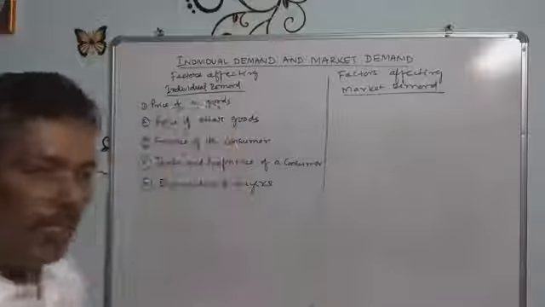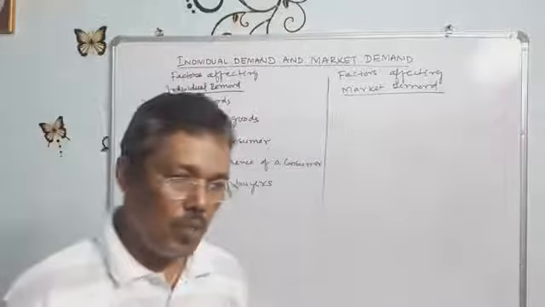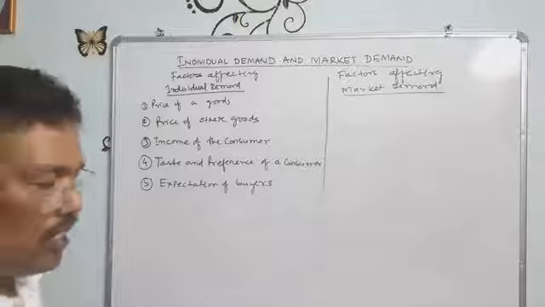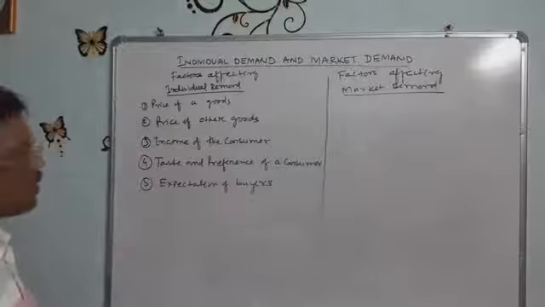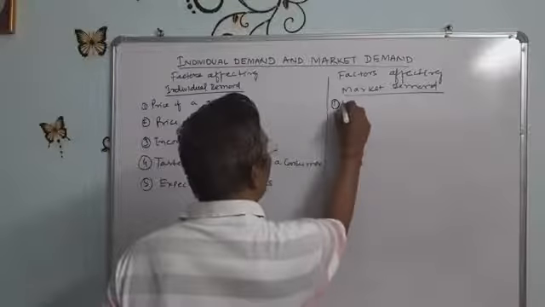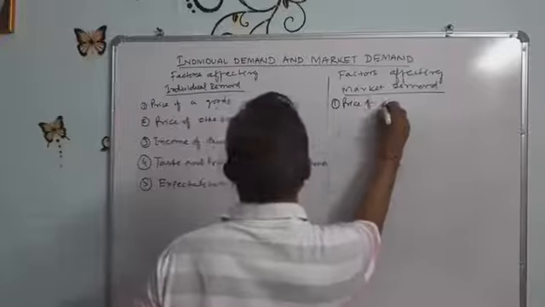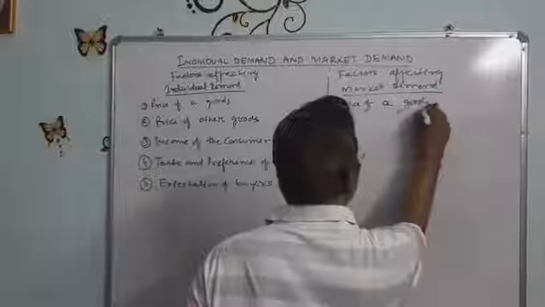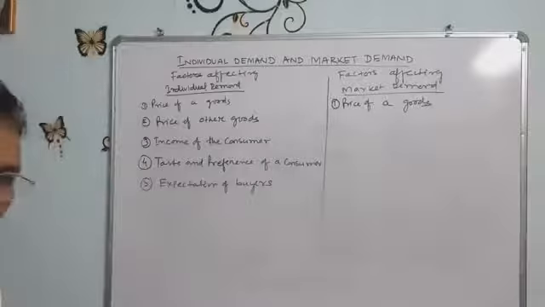Similarly, because the market is the combination of all the individuals who are demanding the same good at a given time, the first point here is also the price of a good. Same as for the individual.